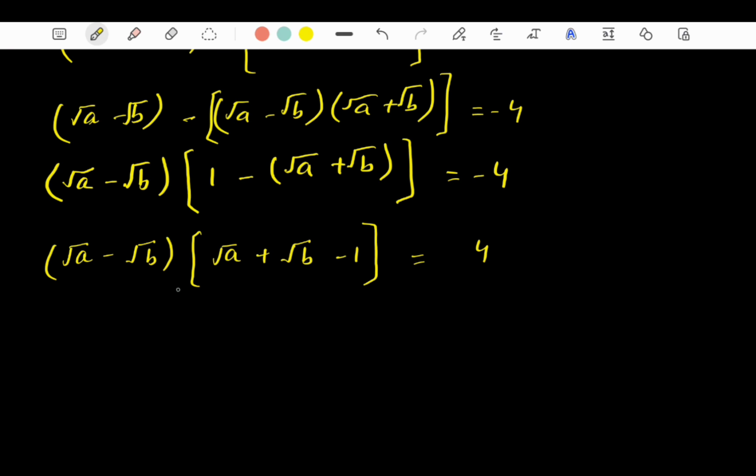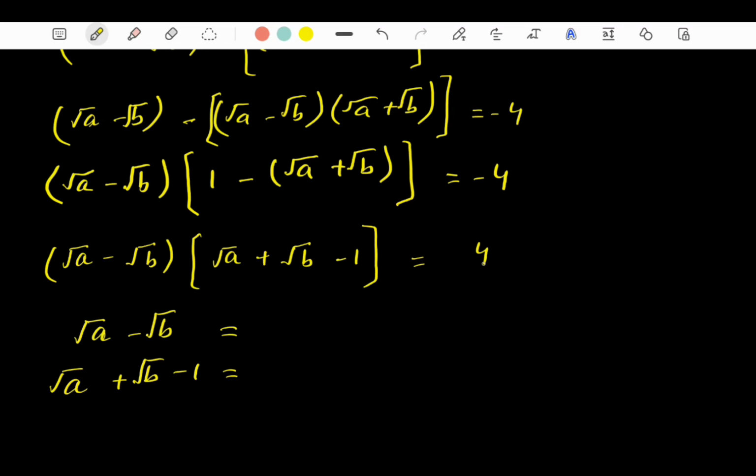So now here is the product of two terms which is equal to 4, and we are dealing with integers, so we deal with integer multiplication. We can write square root of a minus square root of b, times square root of a plus square root of b minus 1, is equal to 4, and choose all possible options for the factors of 4.